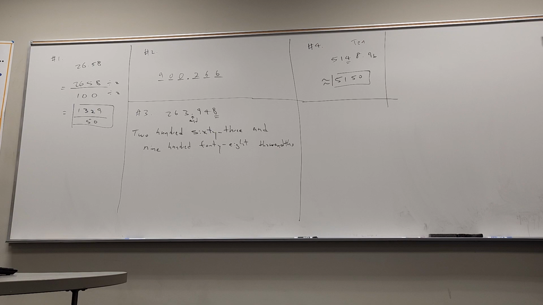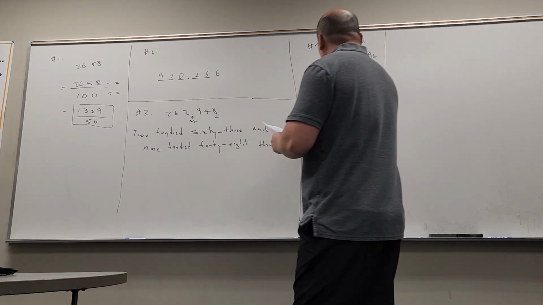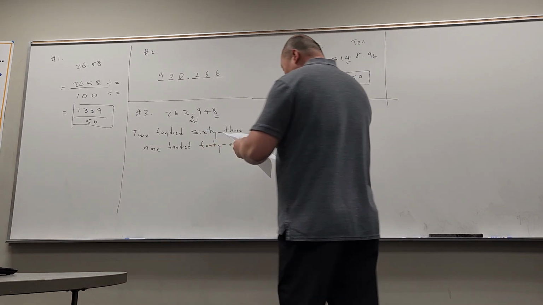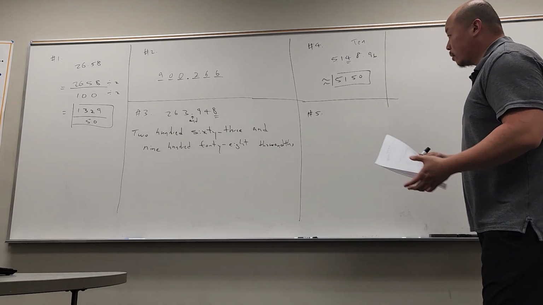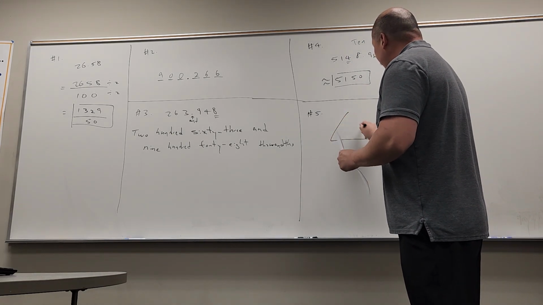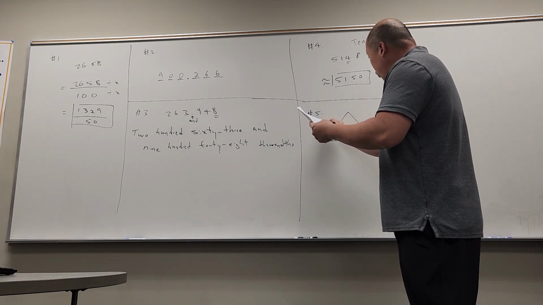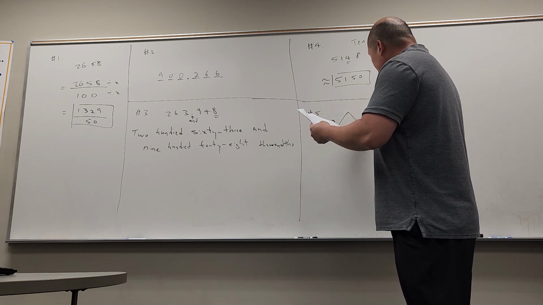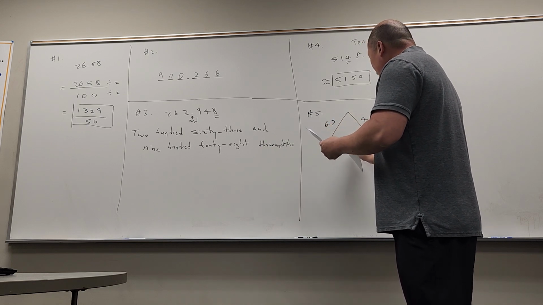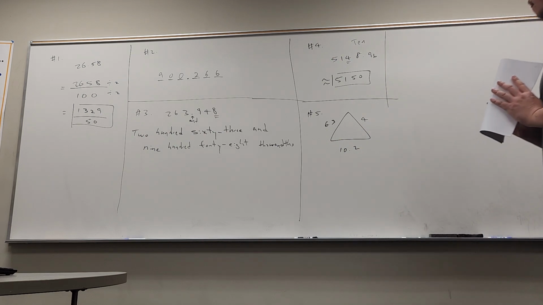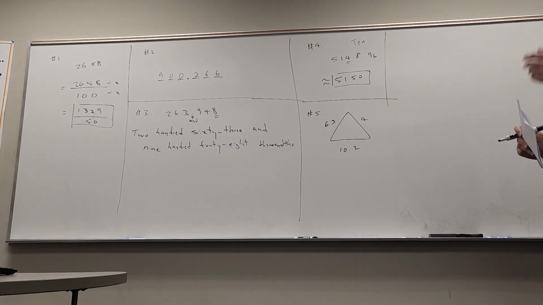Let me see. Now number 5, we gotta find the perimeter of a triangle. Well, what's the perimeter of a triangle? Here's a triangle. They're basically saying this is 6.3, this is 4, and that's 10.2 right here. They wanted to know the perimeter. Well, perimeter of any shape is always the sum of all the outside edges.